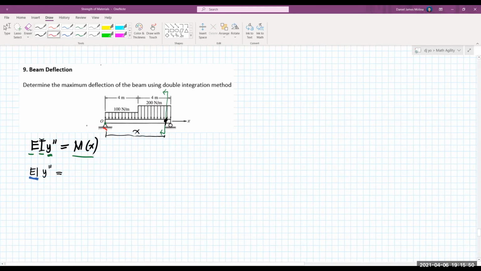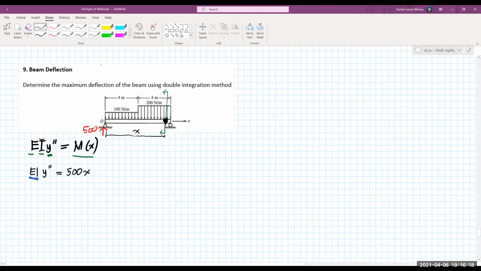Taking moment at the cut section of the beam, let's have clockwise moments positive. The 500 newton force will give us a moment of 500 times x: 500 as the force, x as the lever arm.